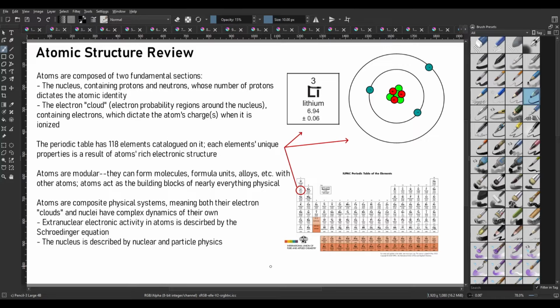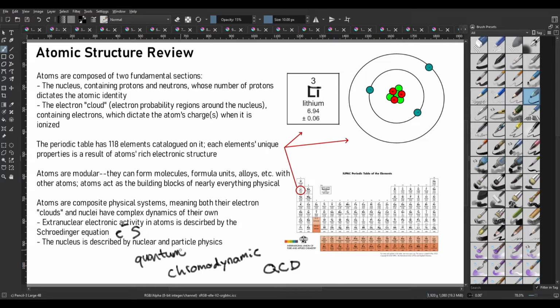Extranuclear electronic activity. So that means everything outside of the nucleus is going to be described by the Schrödinger equation we talked about, the electrons. And then the nucleus is described by nuclear and particle physics. Like a little cool thing to note here, the math and science and physics that describes the nucleus, and particularly the interactions inside it, is called quantum chromodynamics, or it's usually abbreviated as QCD.